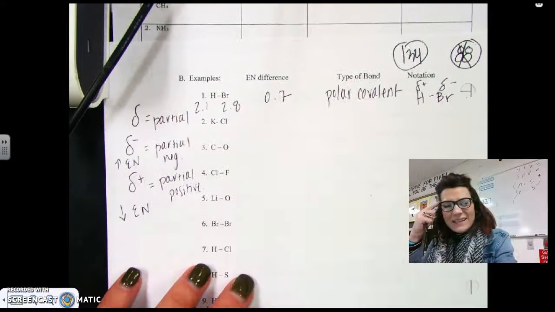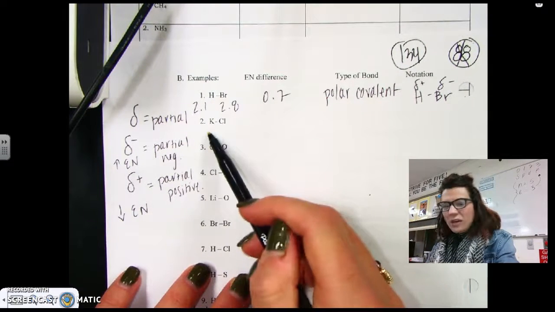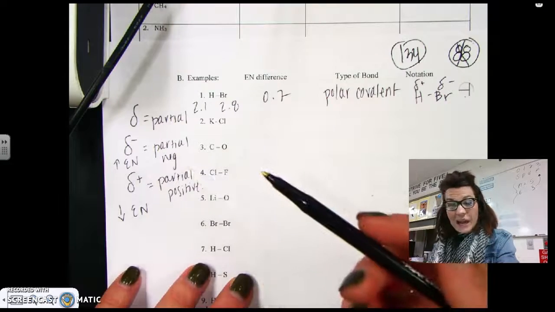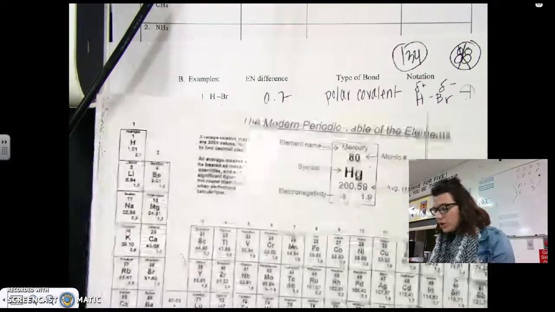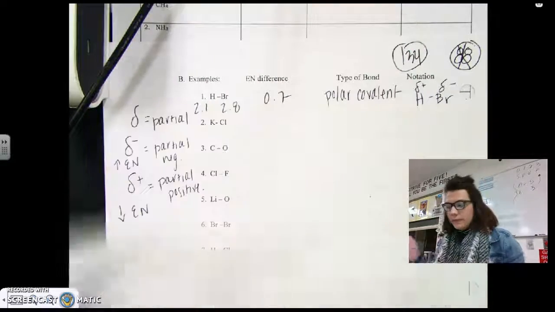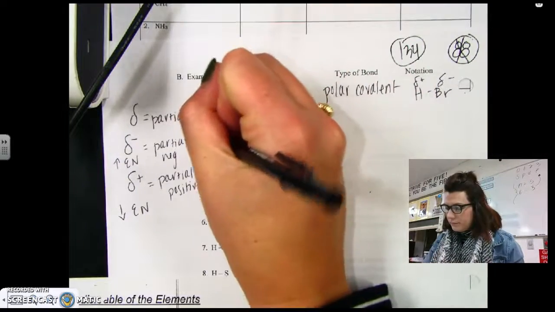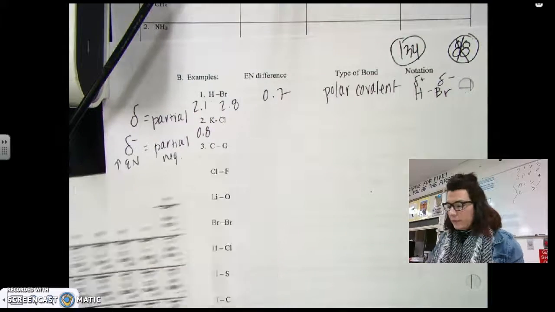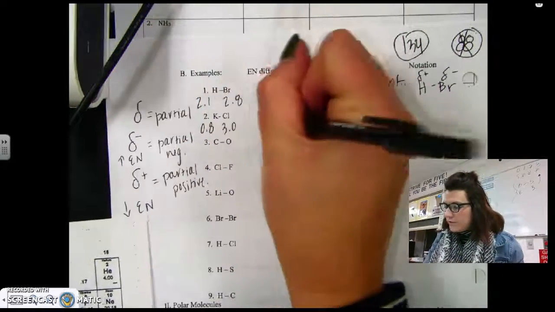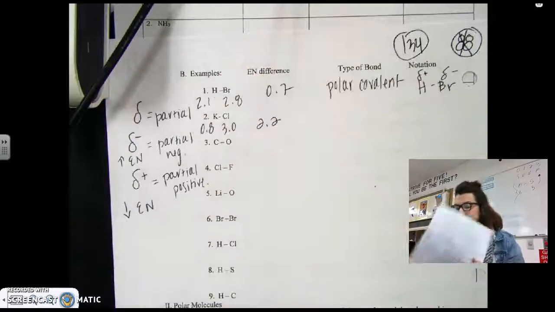All right, potassium, chlorine. So automatically I should be thinking metal, non-metal, ionic, but let's do an electronegativity difference just to be sure, okay? So potassium is 0.8, chlorine is 3.0, so my difference is 2.2, okay?